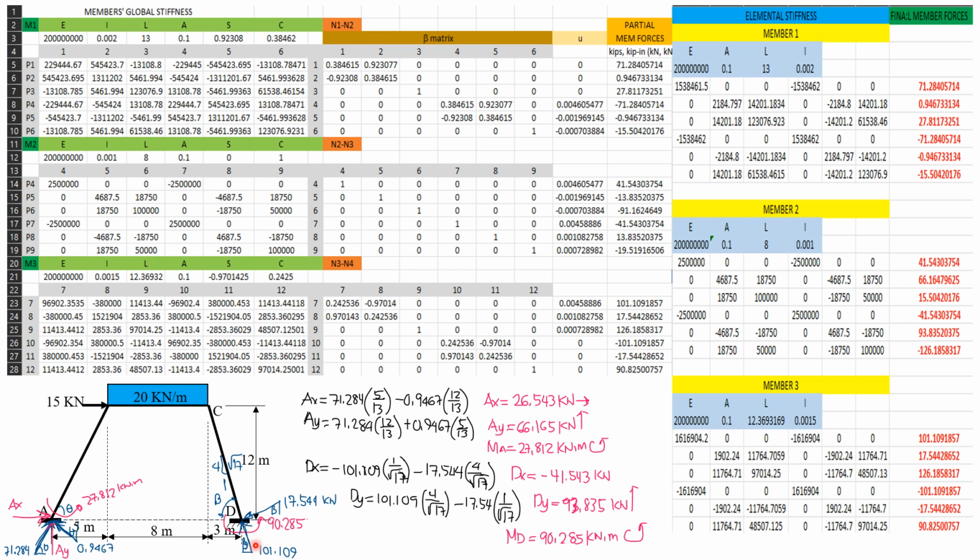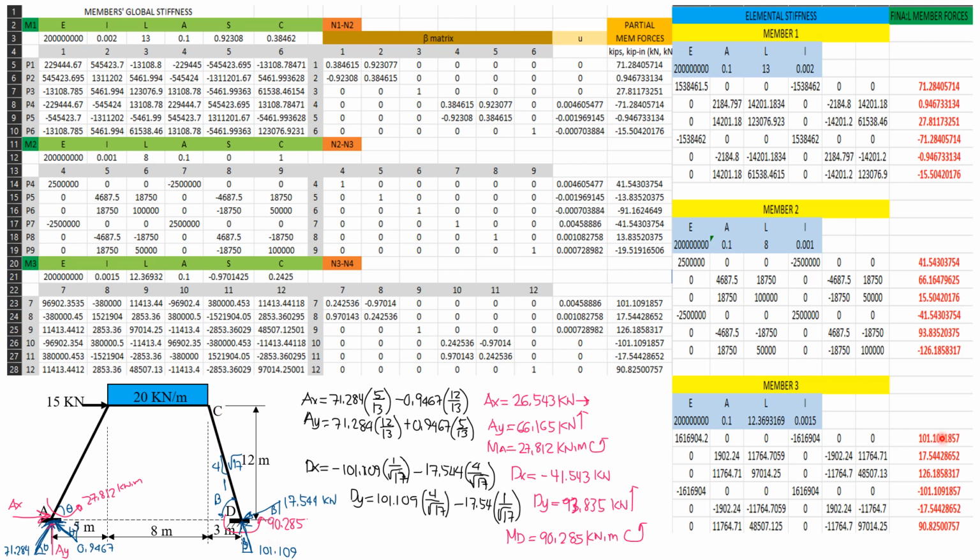DX, this is the axial force, and for member 3, it is negative 101.109. Negative because it is directed from 4 to 3, not from 3 to 4.